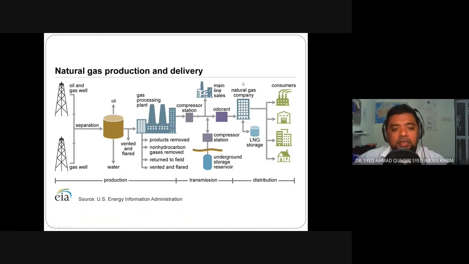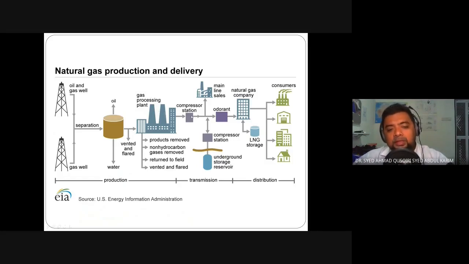At the gas processing plant, these components are removed, including non-hydrocarbon gases. Some of the gases that can be used are returned to the field to improve the underground pressure so that more gases can be pumped out, or else they can be vented and flared.